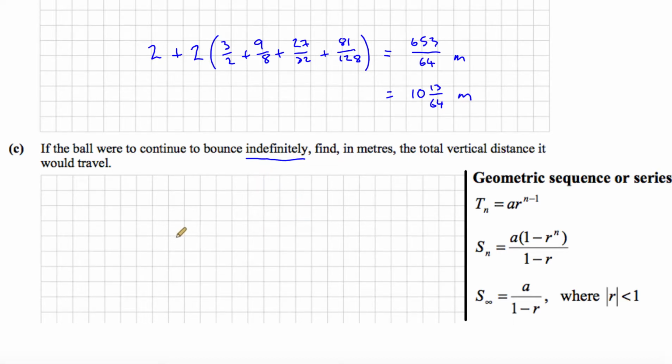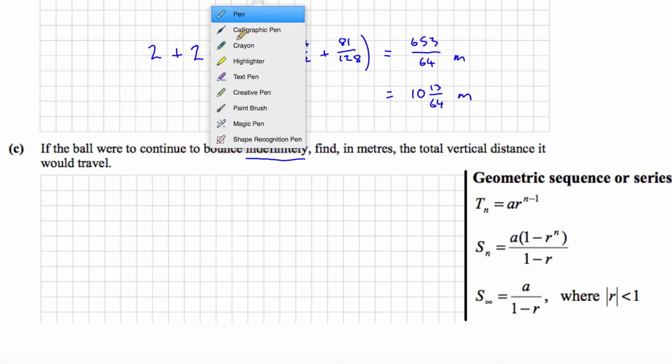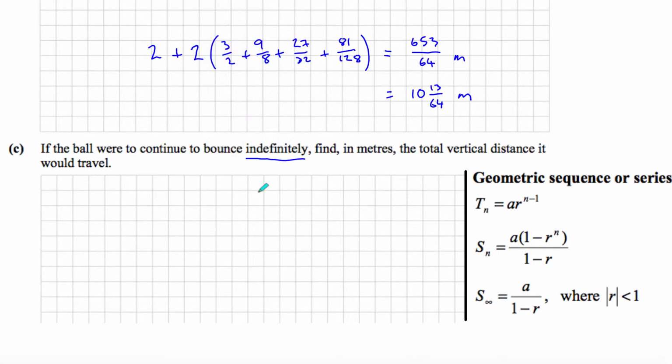So we've defined this total vertical distance that it would travel. Now, because it's bouncing indefinitely, we can treat part of this answer here as a geometric sequence, and we can then use the sum to infinity from our tables book to find out that part of the answer.